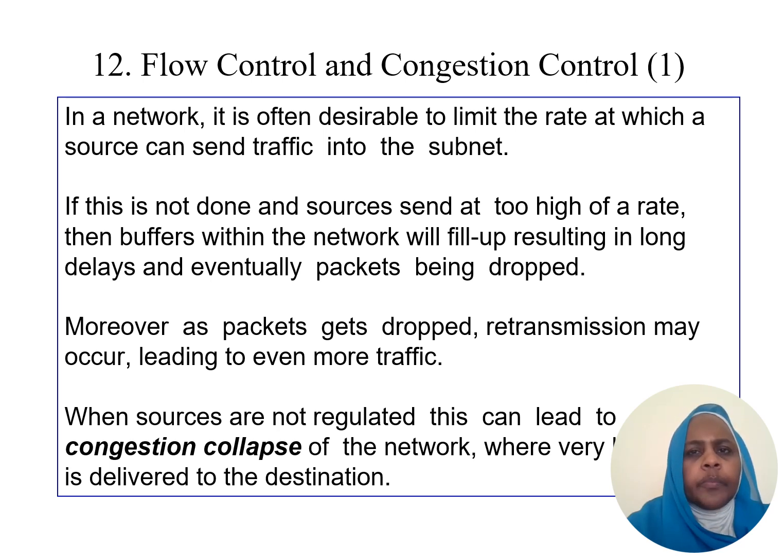Moreover, upon packets being dropped, there will be retransmissions that will congest the network more. If the source is not regulated, this can lead to what is known as congestion collapse, where the network will collapse and very few packets are delivered to the destination.